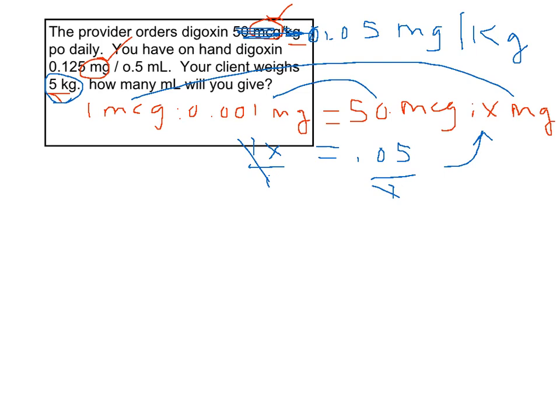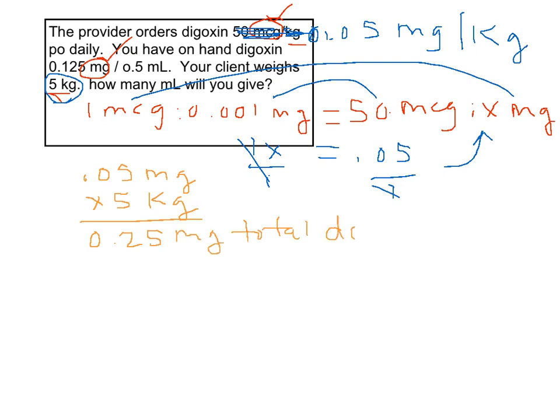So if the doctor ordered 0.05 milligrams per kilogram and the patient weighs 5 kilograms, then you're going to multiply 5 times 0.05, and your answer will end up being 0.25 milligrams is the total dose that you'll give.